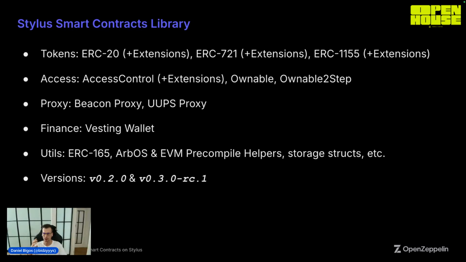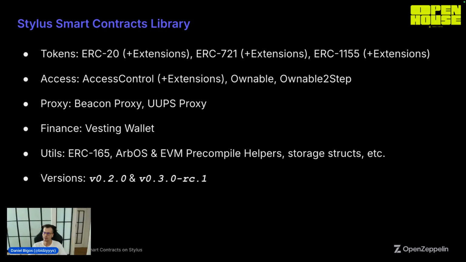Right now, in our library, you can find smart contracts for a bunch of different tokens. For example, ERC20 for managing fungible tokens, an ERC721 implementation for managing non-fungible tokens, an ERC1155 implementation, and a bunch of extensions for each token standard.